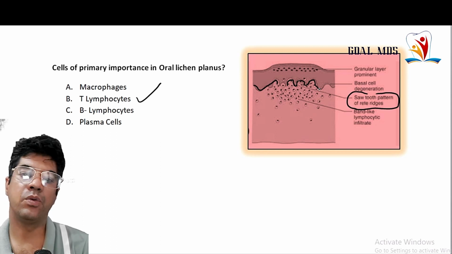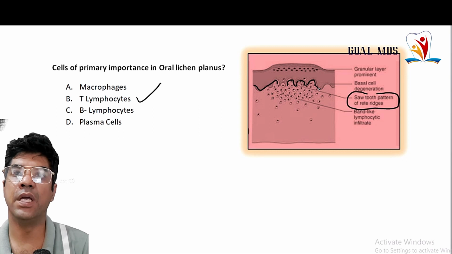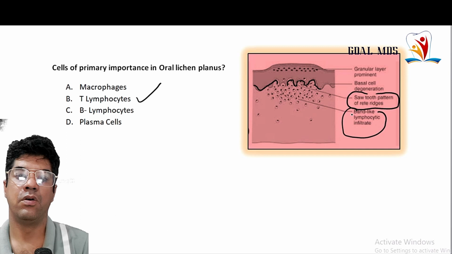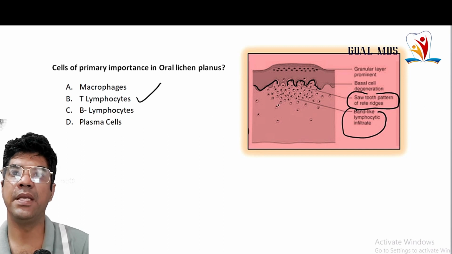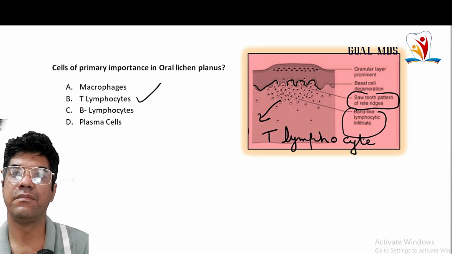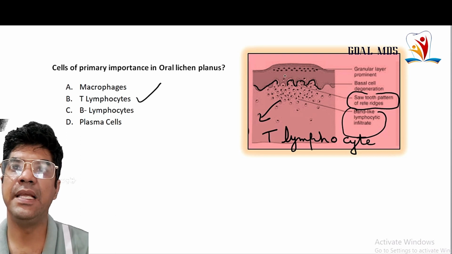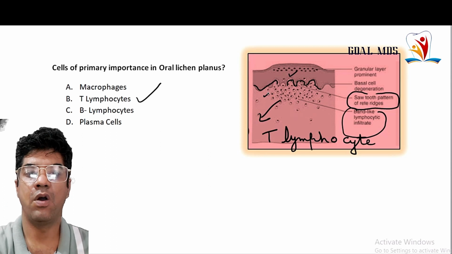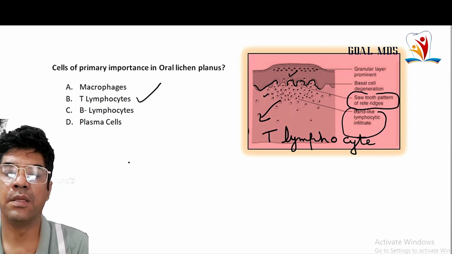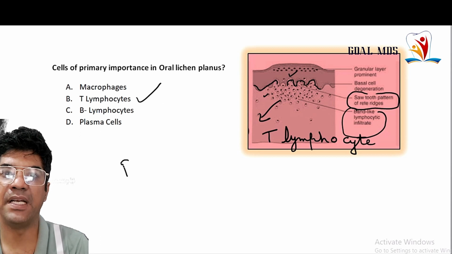This saw-tooth pattern occurs due to the infiltration of the inflammatory cells, primarily the T lymphocytes, at the interface of epithelium and connective tissue junction. Along with that, you will see the most important feature is basal cell degeneration.